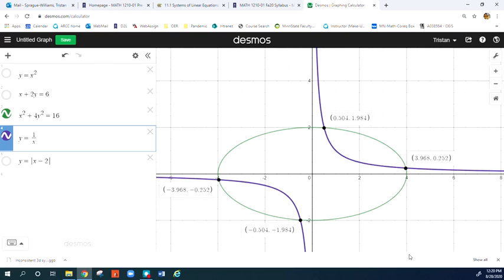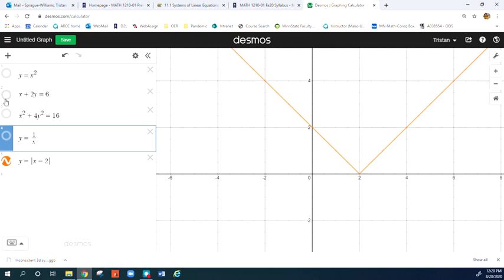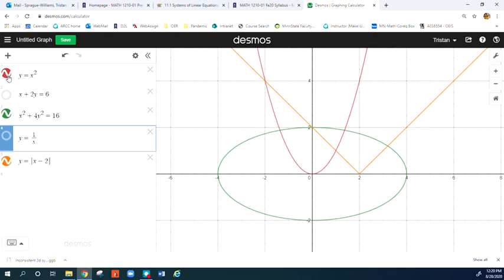I also want to mention that we're going to stick to two equations and two unknowns. If you had 3 equations, then it's possible to end up in a scenario where you have no solutions. For example, for these 3 equations, there's no point where all 3 intersect each other at the same time. So that would be no solution.